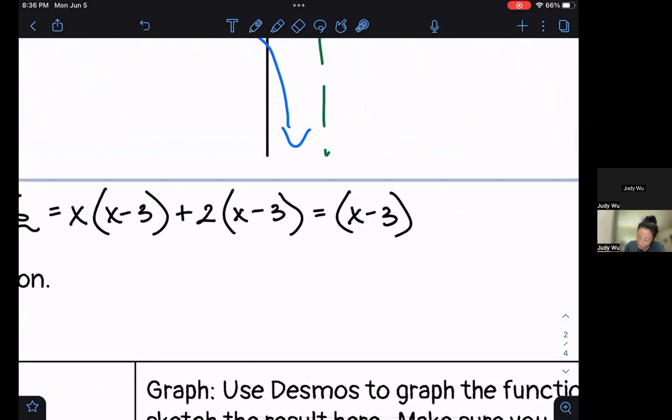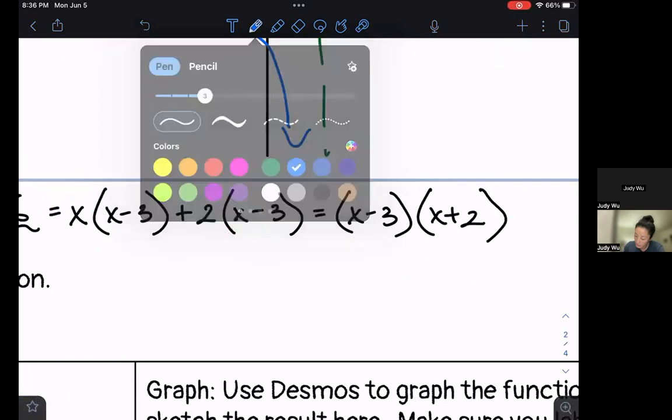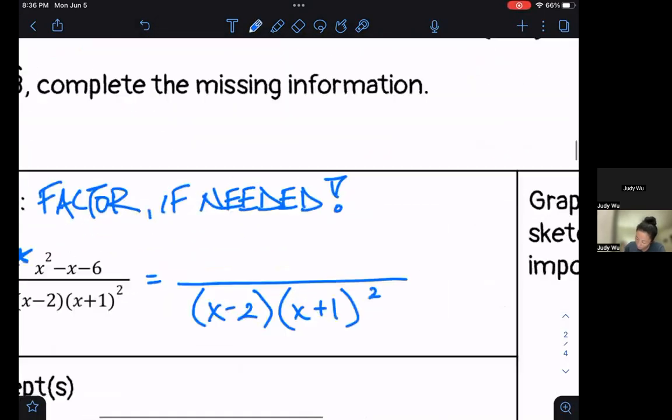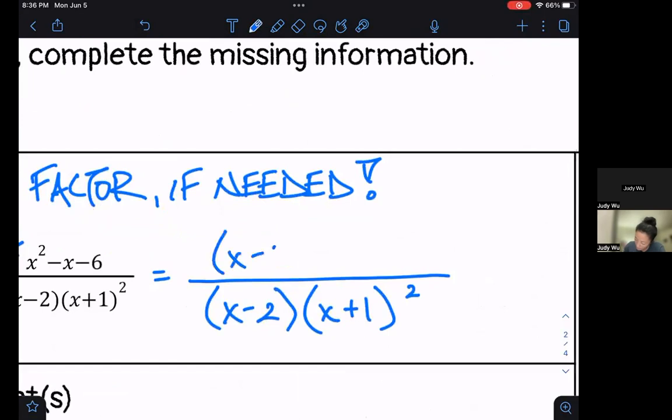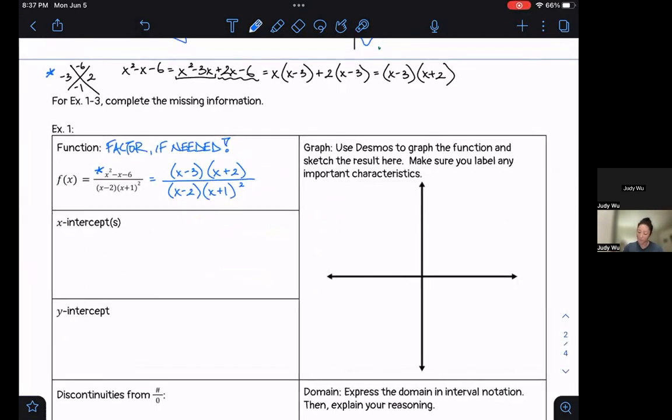What are we left with? x plus 2. So x minus 3 times x plus 2 is what I'm going to write for my numerator. x minus 3, x plus 2. Okay.